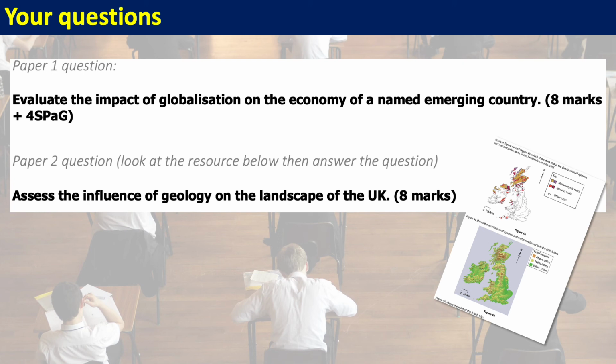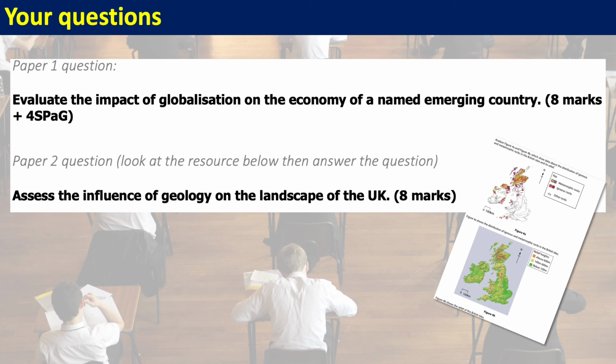So you are judging the significance of something. The question says, assess the influence of geology on the landscape of the UK. So how significant has geology been in shaping the landscape of the UK?